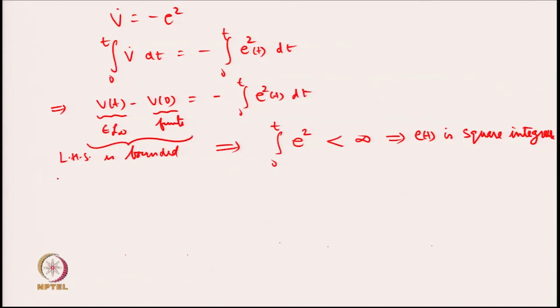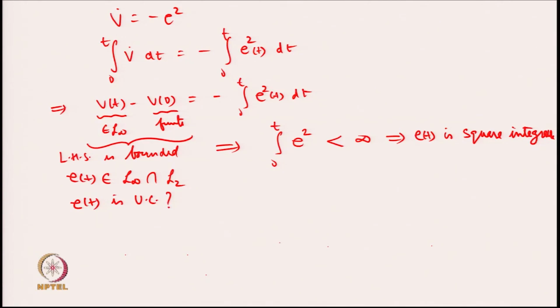So far we have concluded that E of t belongs to L infinity and it belongs to L 2. So, it is both bounded and square integrable. The only condition that we need to prove for E to go to 0 is that E is uniformly continuous.